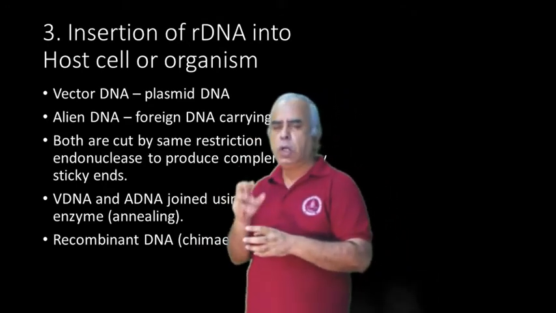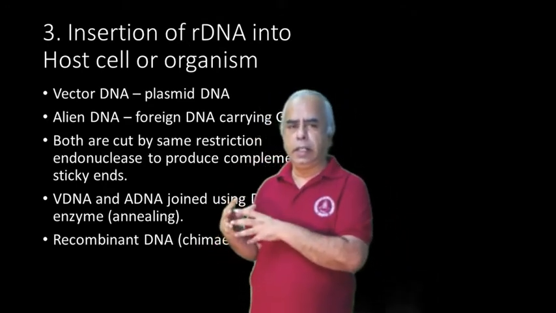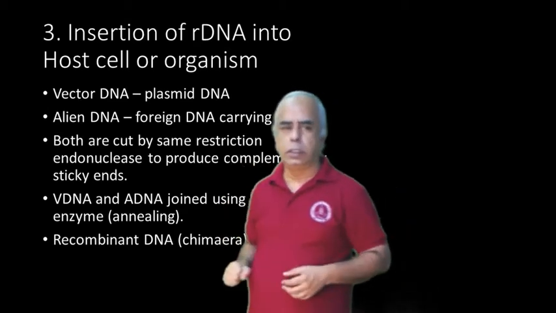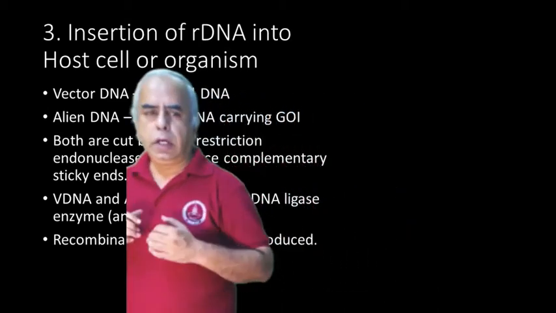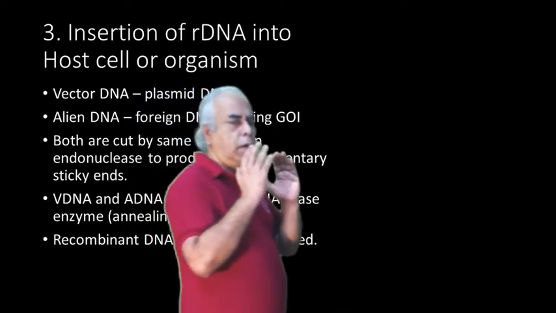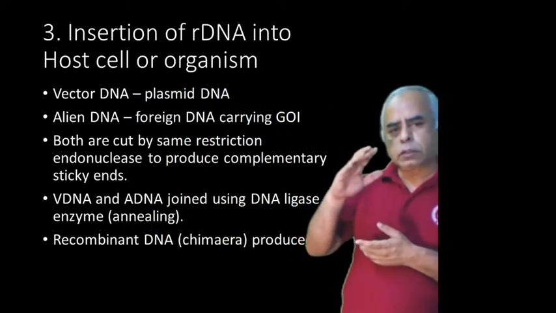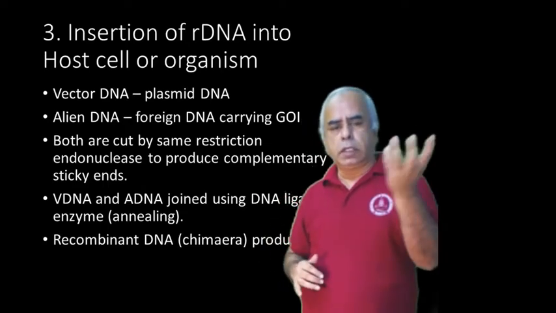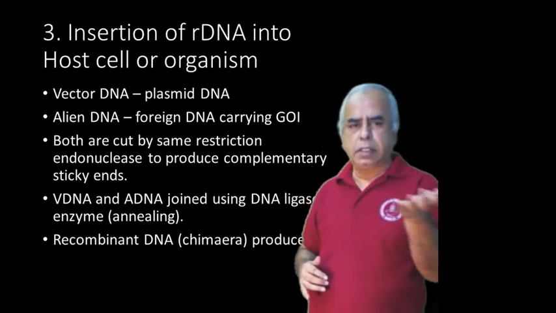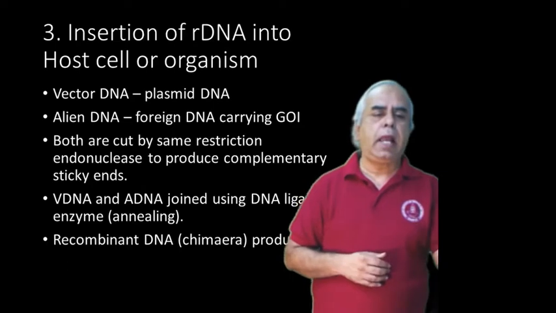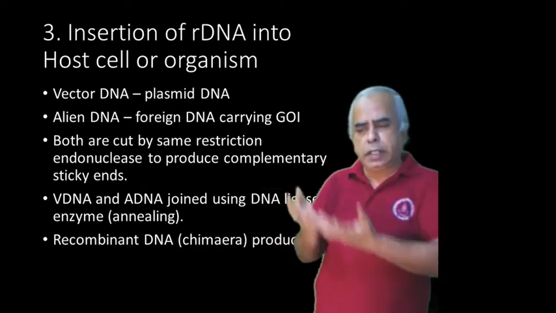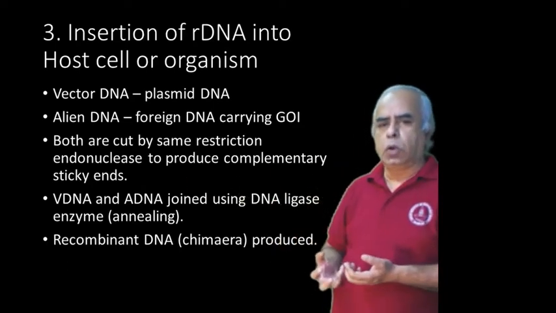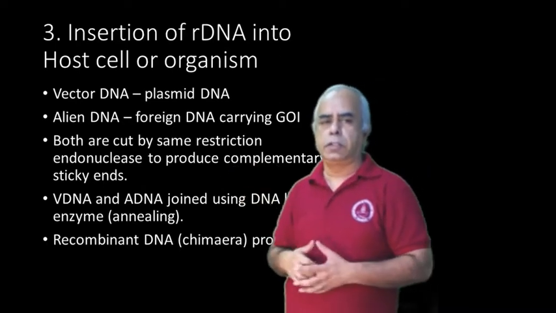We need to insert the rDNA into the host cell or the organism. Here we have got the vector DNA, the plasmid DNA, is it not? The vector DNA is the plasmid DNA, and the alien DNA, that is the foreign DNA, carries the what? Our gene of interest.